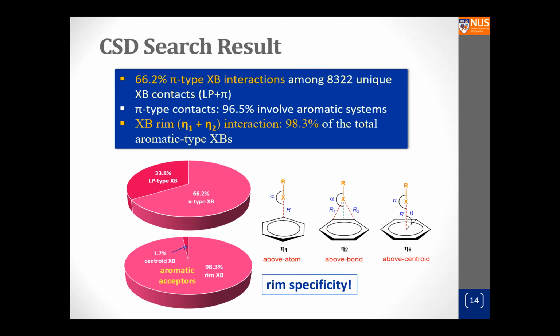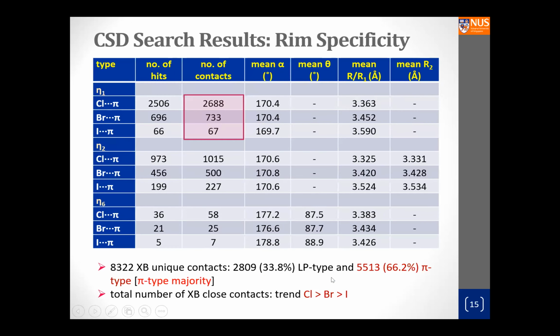And of the pi type, 96.5% are aromatic rings. Of this aromatic interaction, almost 99% are either eta 1 or eta 2. So the interaction is over the atom or over the bond, not at the center of the ring. We call this the rim specificity. These are the details, I won't talk about them.